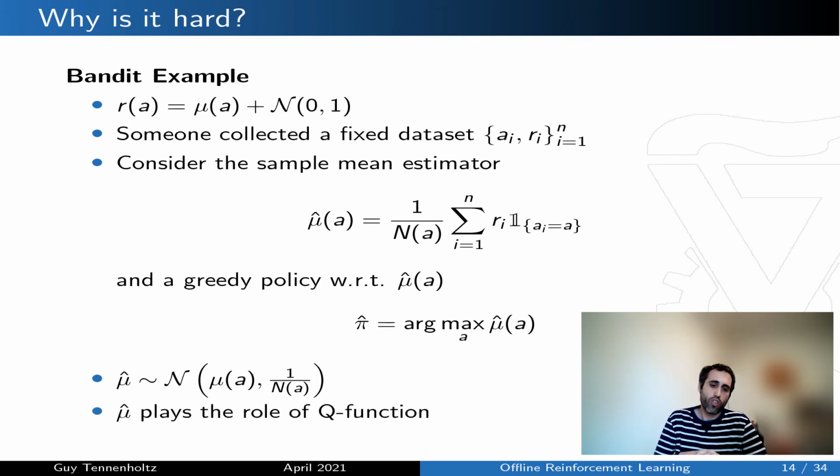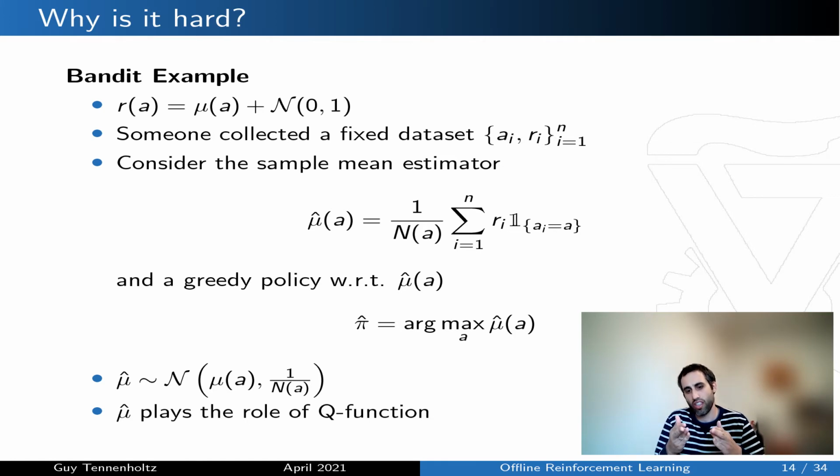Finally, I want to note that mu hat here plays the role of the Q function. If you recall earlier, we saw this general actor-critic framework where we first learn the Q function and then we try to be greedy with respect to this Q function, right? We try to maximize the policy with respect to this estimate of the Q function. So here we're doing the same thing, this actor-critic idea in a bandit setting.